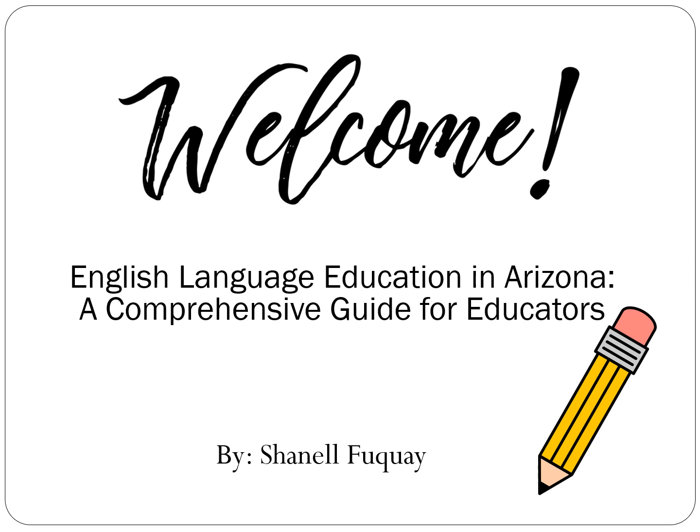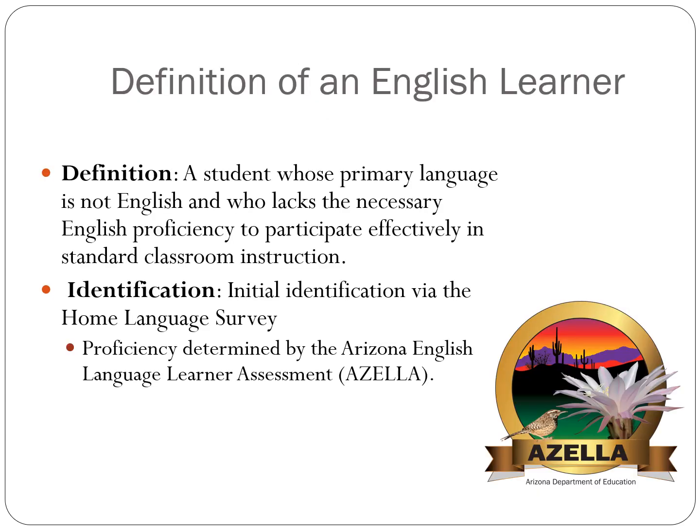Today we'll explore the legal, demographic, and instructional frameworks that define how we support our English learners, or ELs. Our goal is to ensure every educator feels equipped to foster an environment where language acquisition and academic success go hand in hand. In Arizona, an English language learner is defined as a student whose primary language is something other than English.